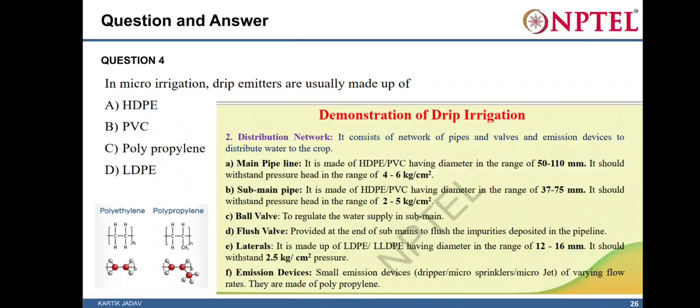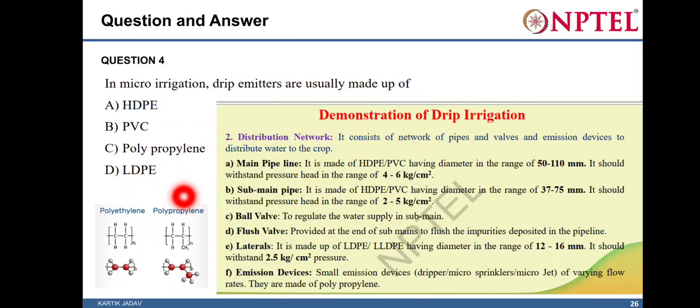Question number 4. In micro irrigation, drip emitters are usually made up of HDPE, PVC, polypropylene, or LDPE. So we know that generally drip emitters consist of polypropylene, right? So this is the structure of polypropylene.